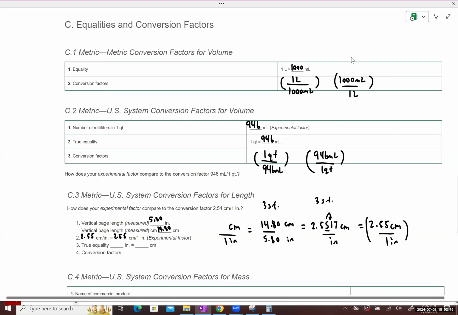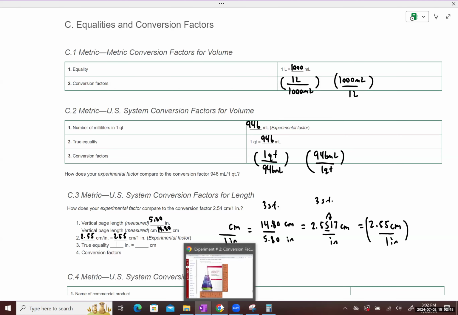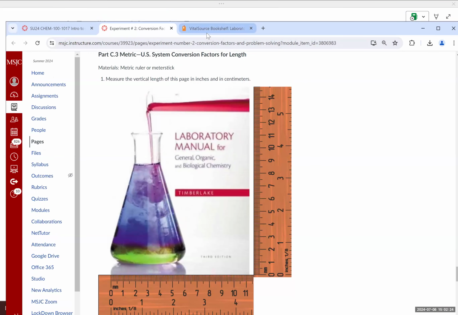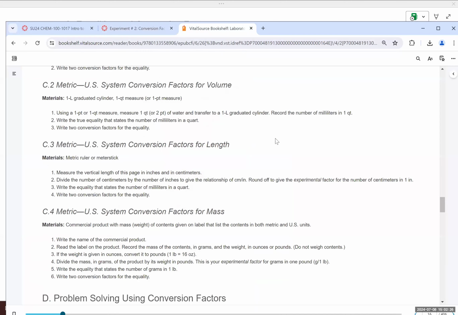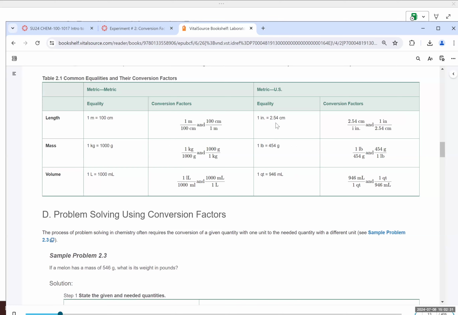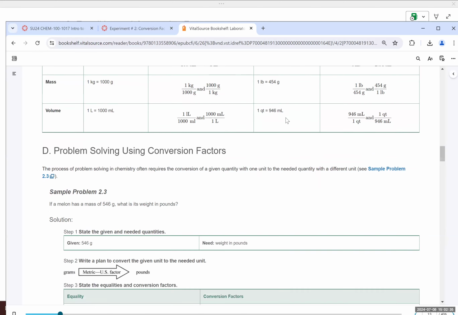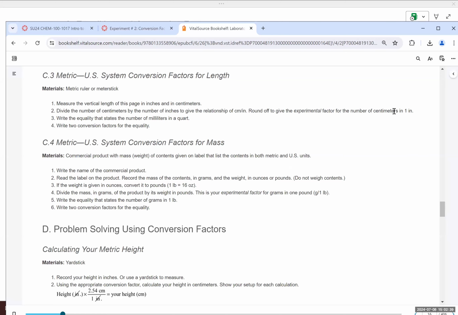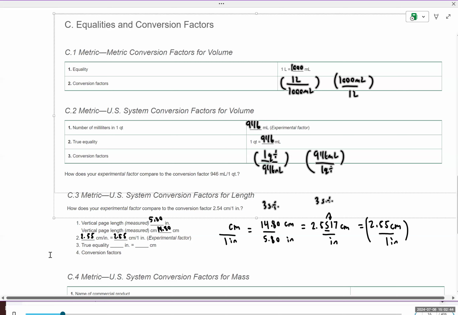In terms of the true equality, let's find that. Let's go to our lab manual. So what's the true equality in this case? Looking at length, we see 1 inch is 2.54 centimeters. Wonderful. Let's write the true equality.